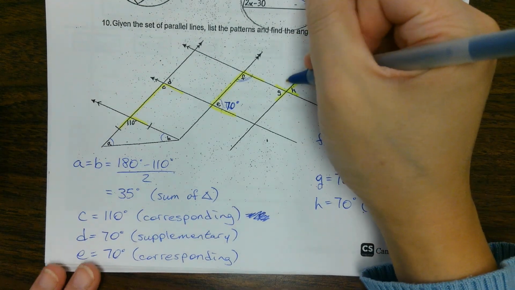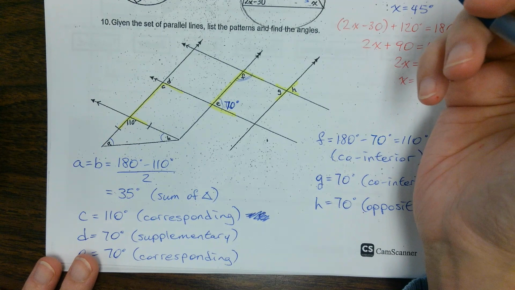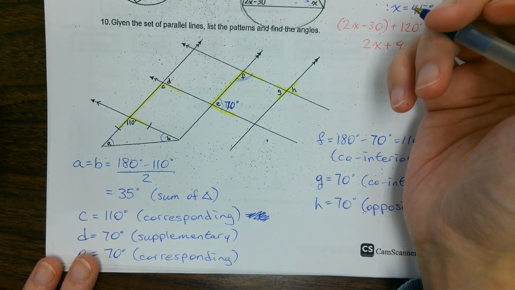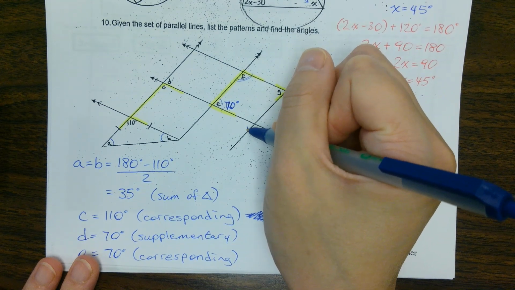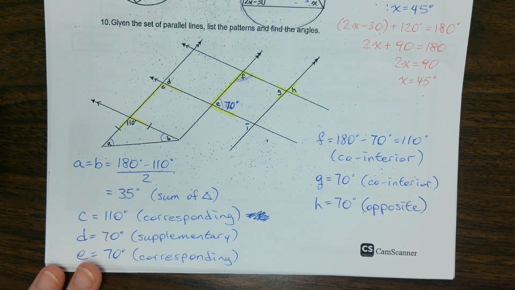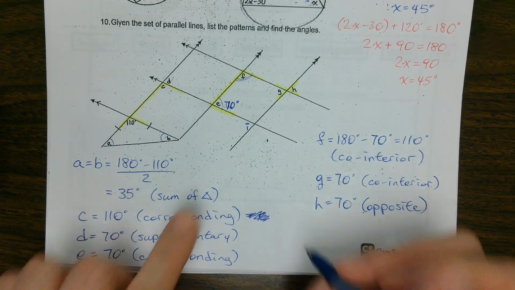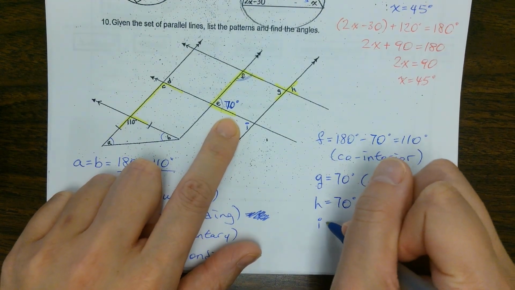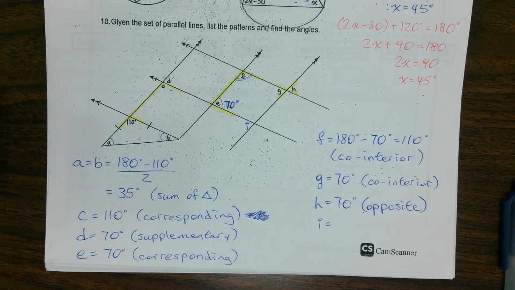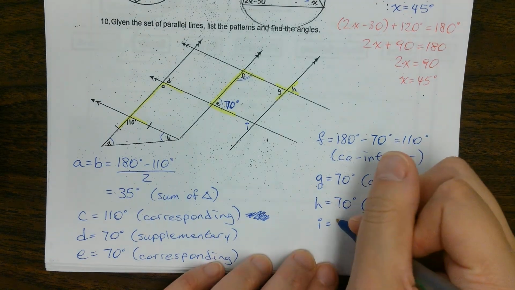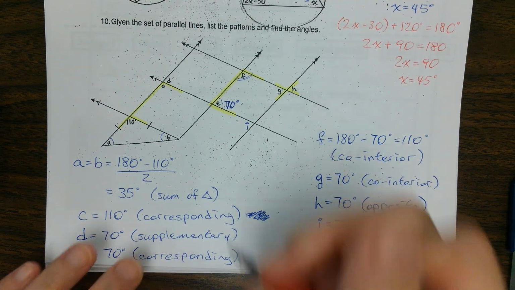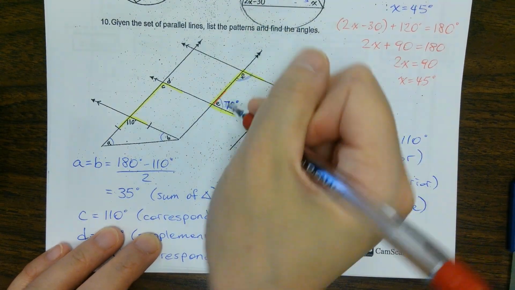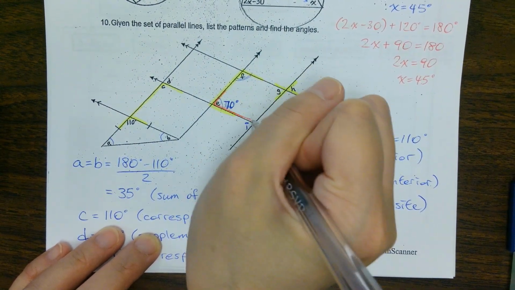Just for the sake of review, I'm going to add in I. What is I? 70. What pattern did you use? Good. See, that's why I wanted to do this one.